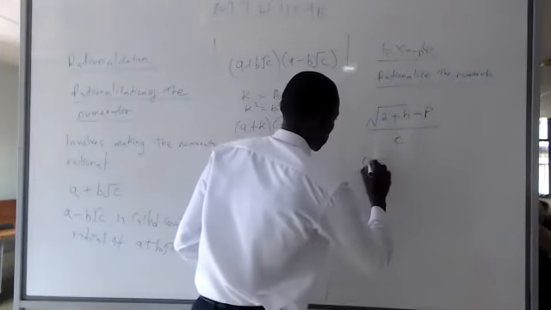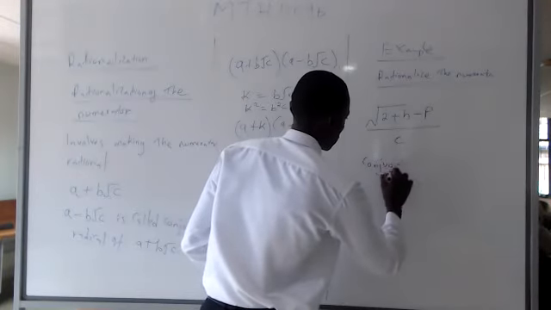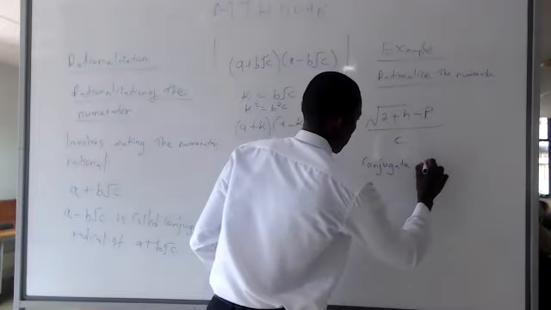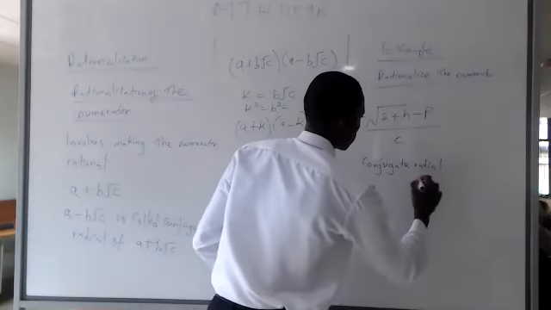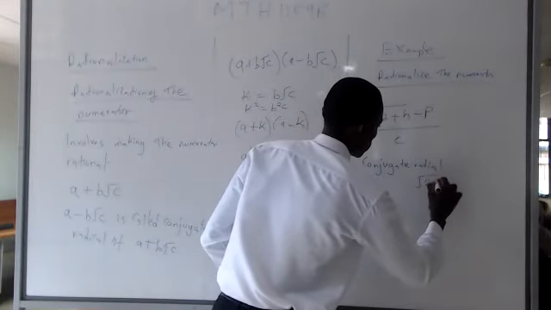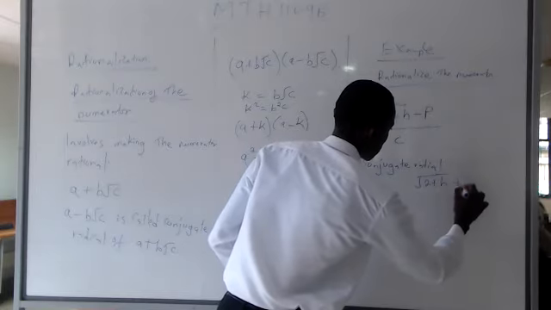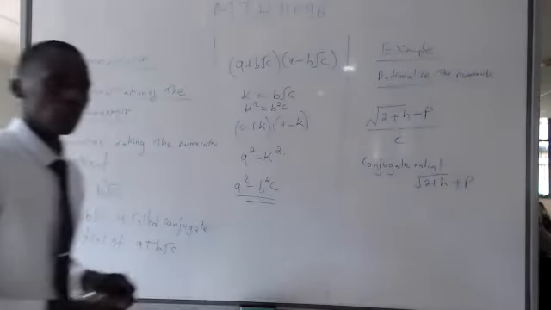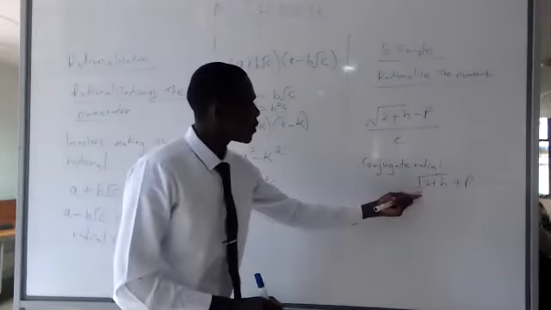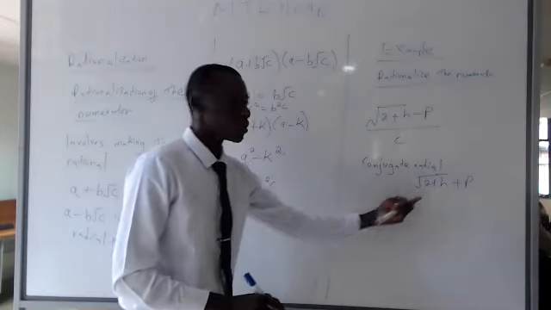So in this case, the conjugate radical, I said you just change the sign. So this will be square root of 2 plus h plus p. So we want to multiply both the numerator and denominator by this conjugate radical.